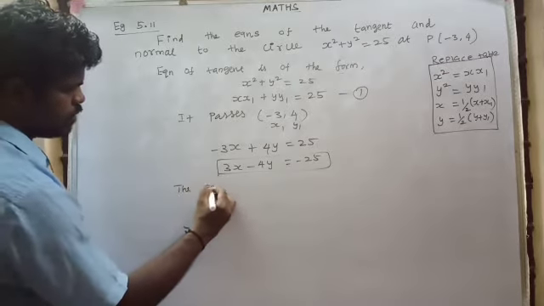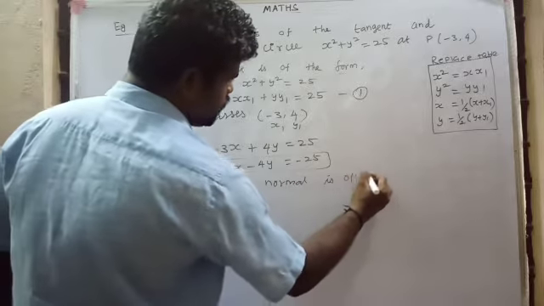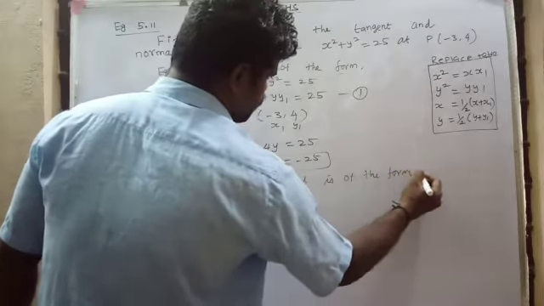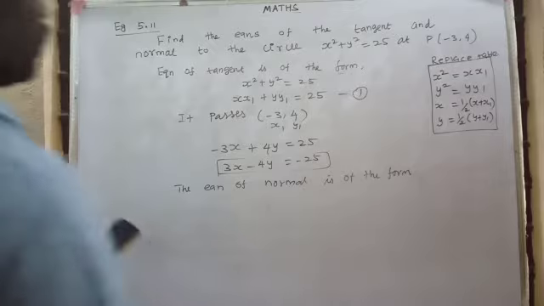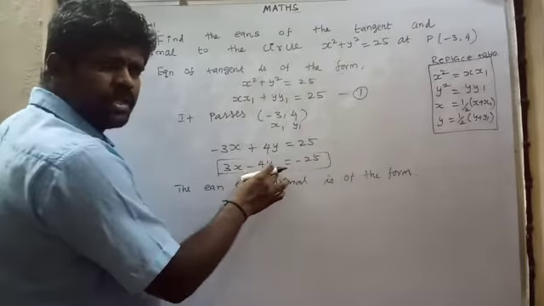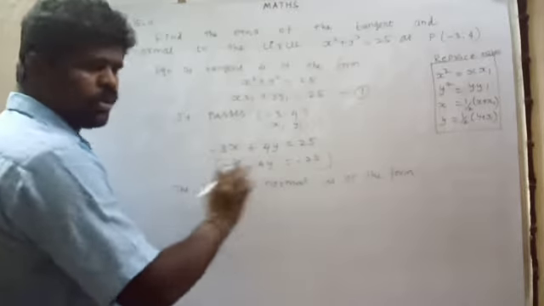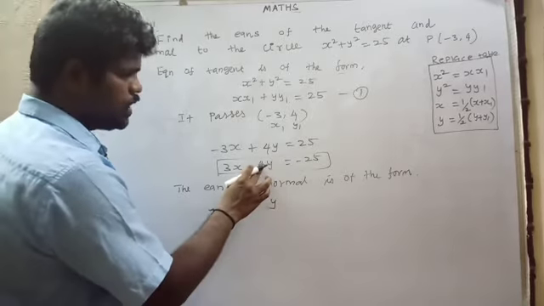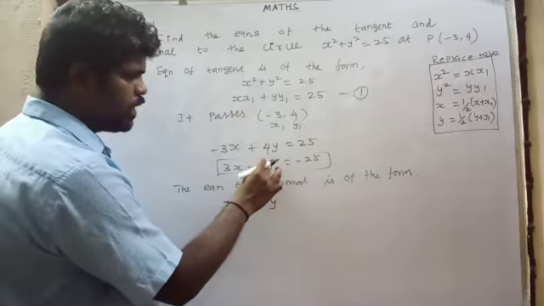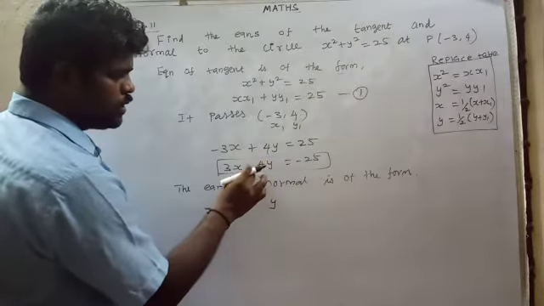The equation of normal is of the form... This is the tangent equation, and we want to change this tangent equation to normal. Exchange the coefficients. If we write x and y, the minus 4 here, we take the number only. We don't take the sign. So we have to exchange the coefficients. Here 4, there is no minus.